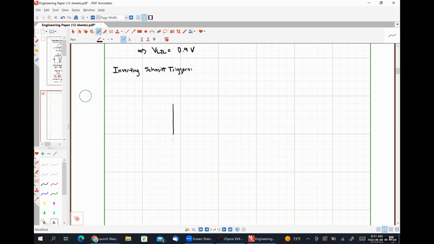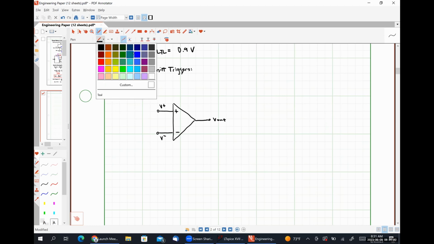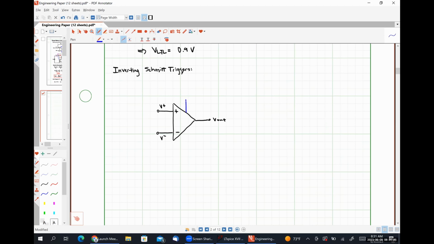So starting with my op amp, here is my non-inverting input terminal, here is my inverting input terminal. I'm going to go ahead and label those nodal voltages. Here's my output terminal and its voltage. Up here, I have VCC plus. Down here, I have VCC minus.